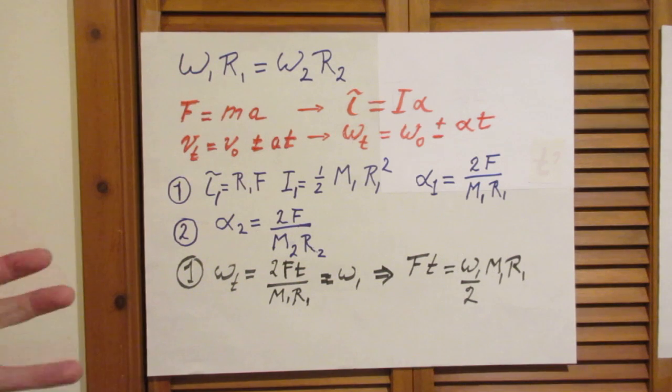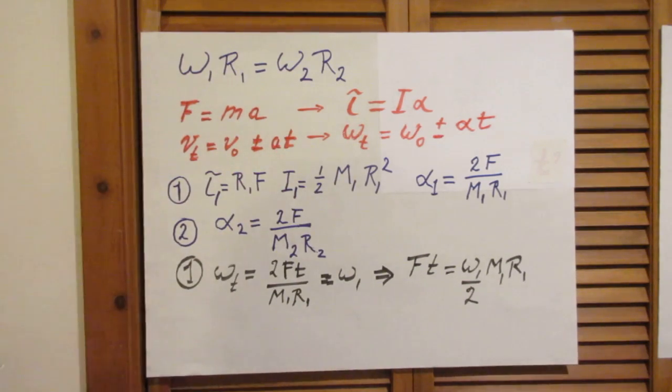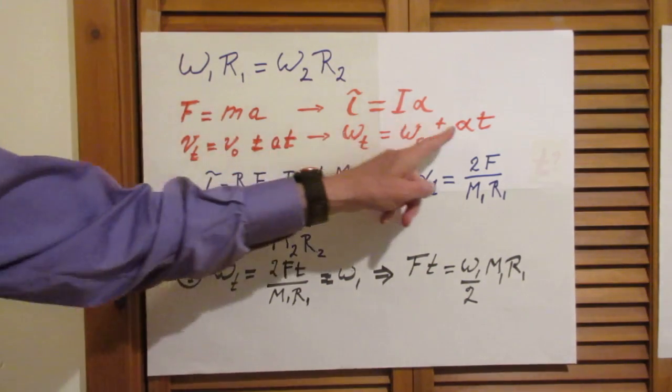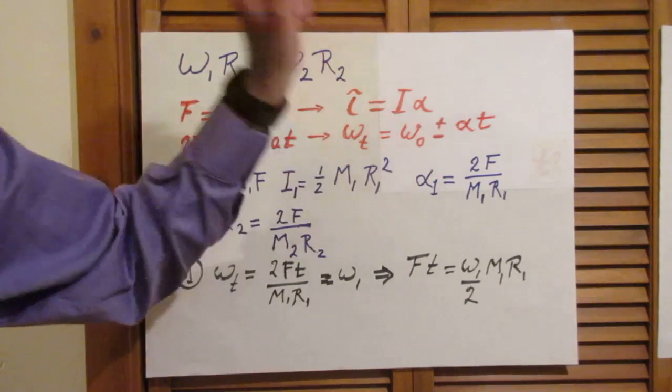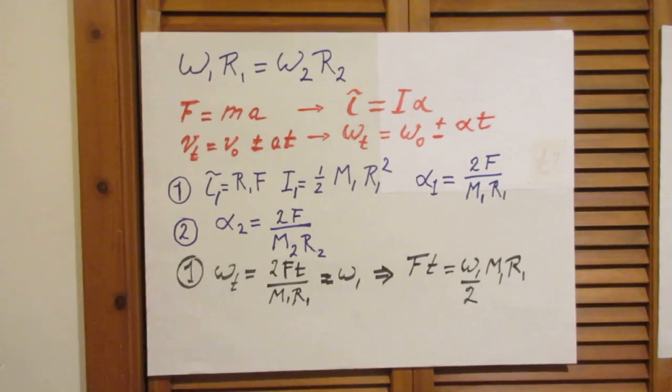In both cases, for disk 1 and disk 2, I will find the magnitude of omega at time t. But it's important that you realize now why I'm going to put a plus sign in for alpha on disk number 1 and why I have to put a minus sign in for disk number 2.